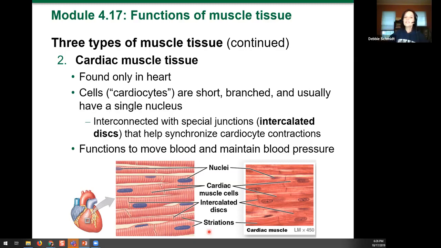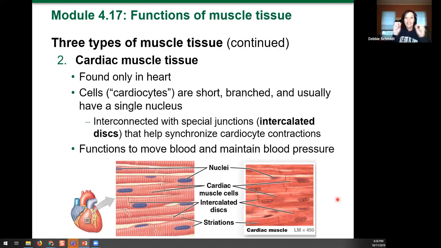And their distinctive feature is that they are sewn to one another by these protein discs called intercalated discs. These discs, like I said, sew them together so that when your heart is contracting very forcefully, we don't tear the heart apart. Key there.